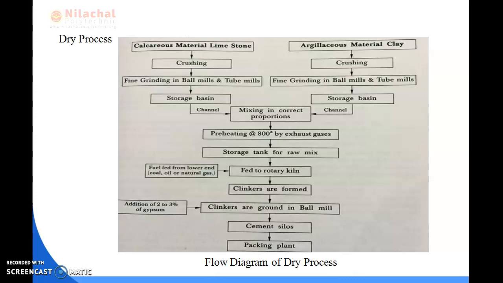After it is burnt in the rotary kiln, the clinkers are formed. Clinkers are one type of lumps of cement. After that, these clinkers are ground in the ball mill, and during the grinding process, 2 to 3% of gypsum is added to it.